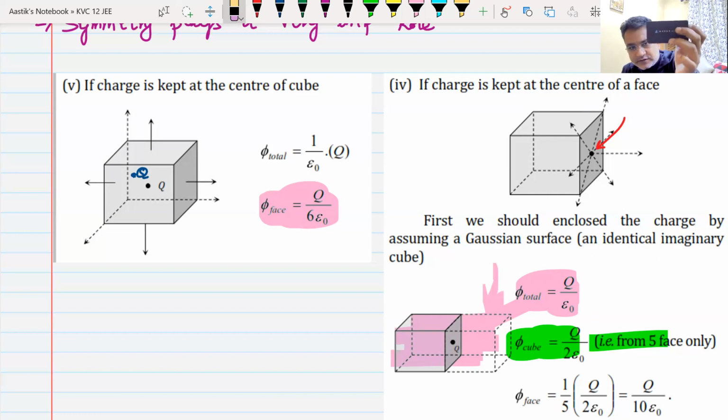Q by 2 epsilon naught. Through one face, Q by 2 epsilon naught. What are the other faces doing? Chilling out. Each of the other faces, Q by 6 epsilon naught.